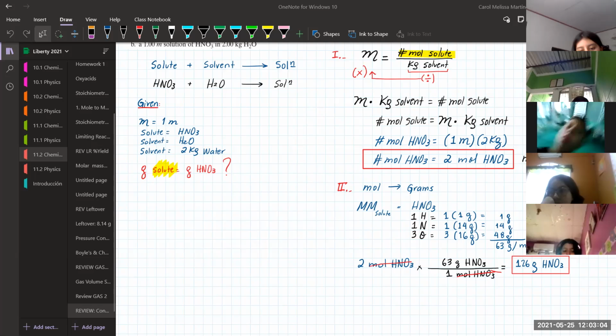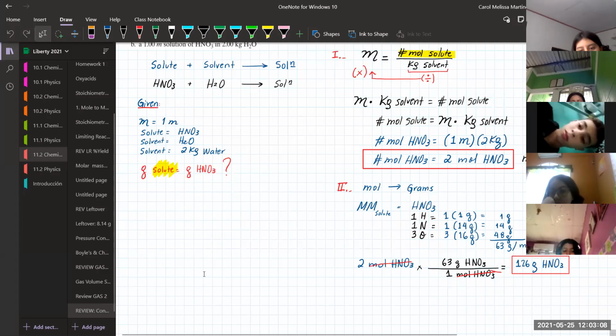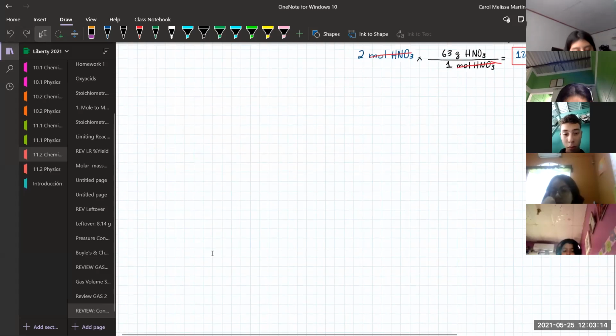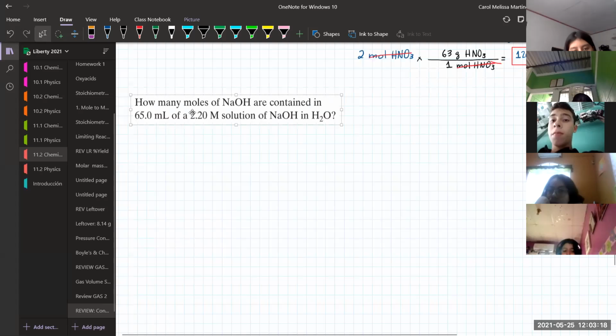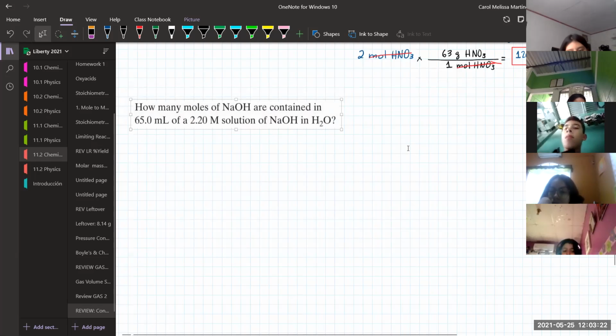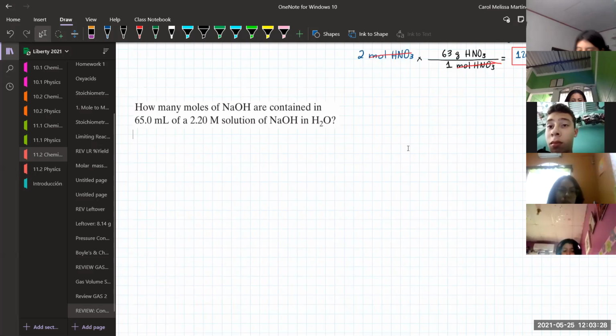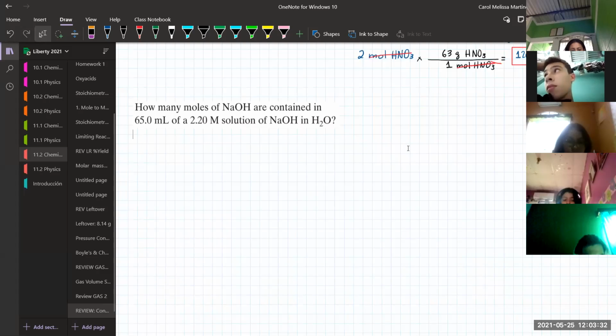Okay, that will be it for molar concentration, and I want to make one more example for you to see. Now, how do I recognize if I have molarity or molality? It is given in the units.